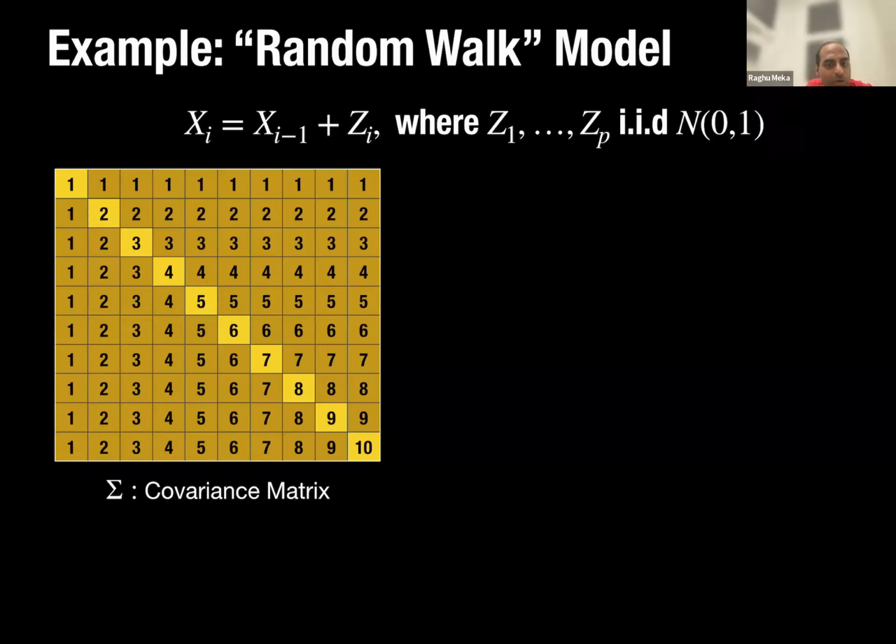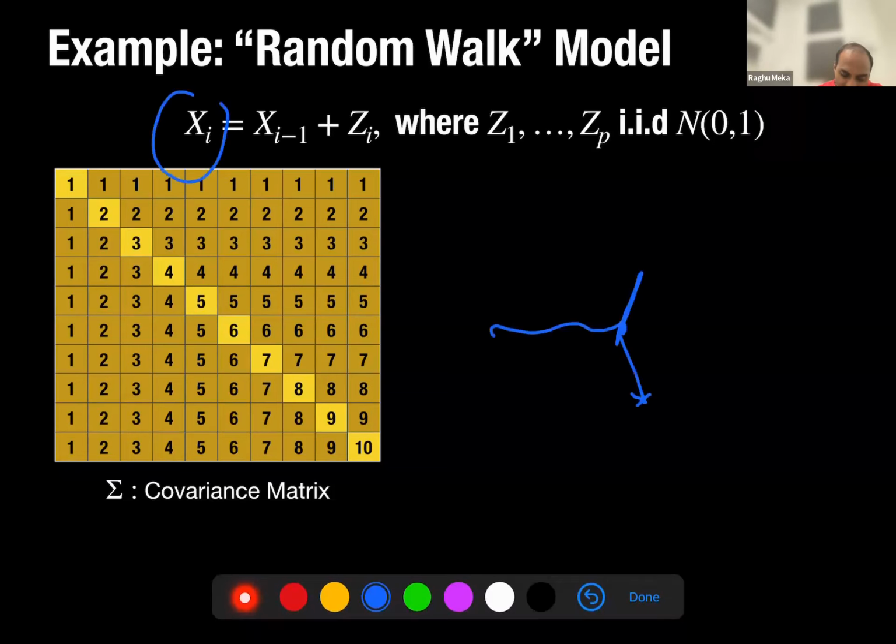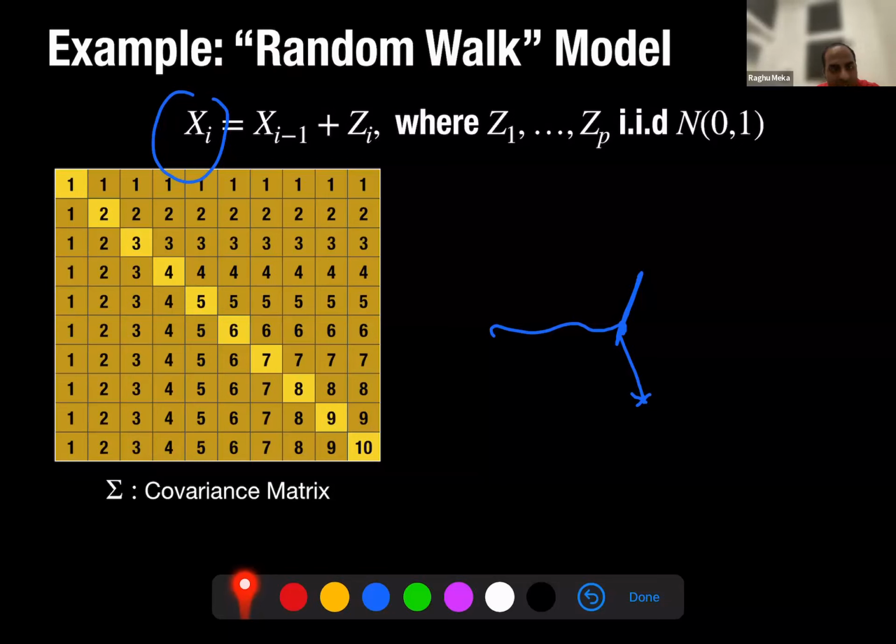And you can compute the covariance matrix of this Gaussian distribution corresponding to the xi's. It looks something like this, right? So x1 has variance 1, x2 has variance 2, x3 is a sum of 3 Gaussians, so it has variance 3, and so on. And the covariances also have this nice structure here, okay?